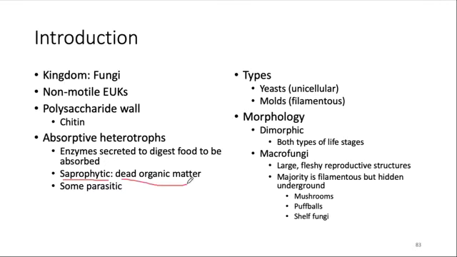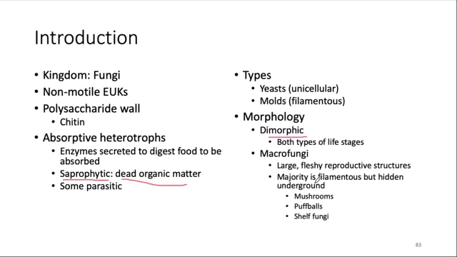There are two types. You have the unicellular forms, the yeasts, and the filamentous multicellular forms, the molds. In terms of their life cycle, you may have some that will show both the yeast and the mold life cycle. Those are known as dimorphic. And then you have the macrofungi.